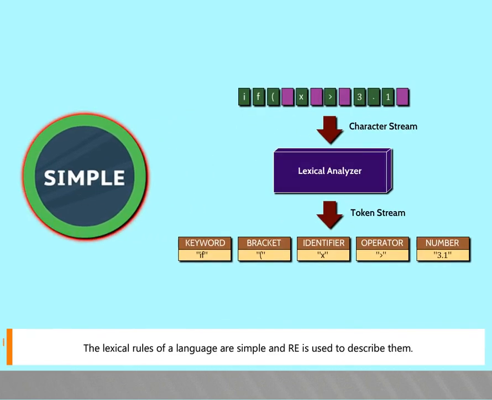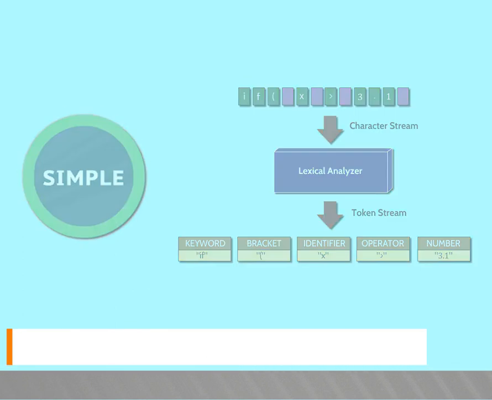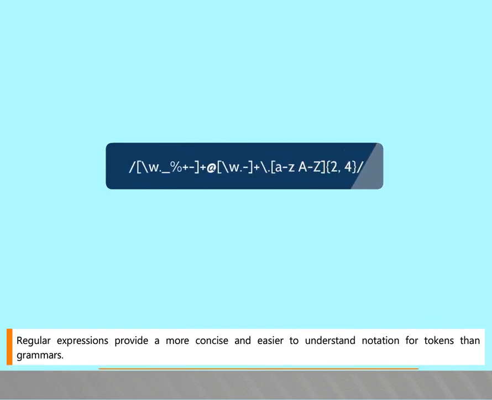The lexical rules of a language are simple and RE is used to describe them. Regular expressions provide a more concise and easier to understand notation for tokens than grammars.